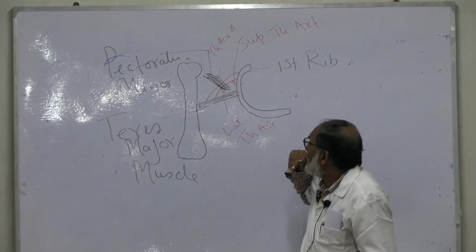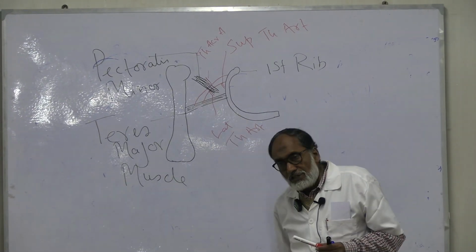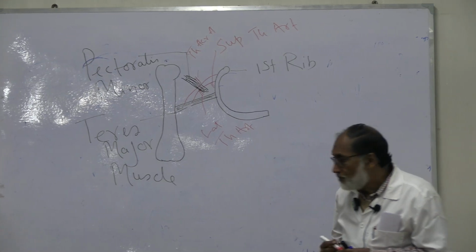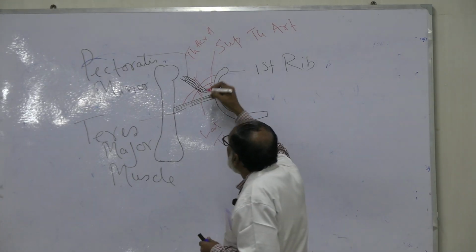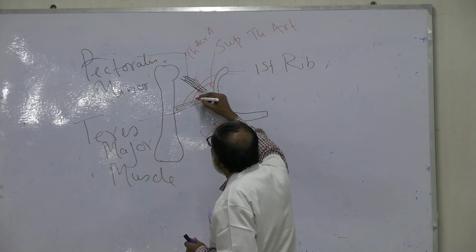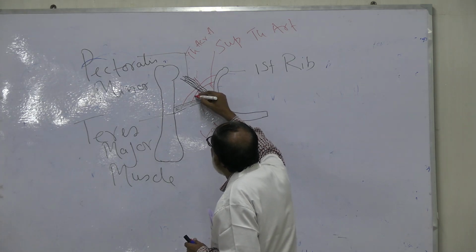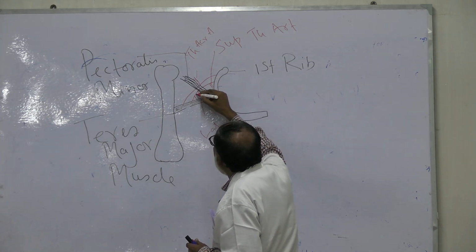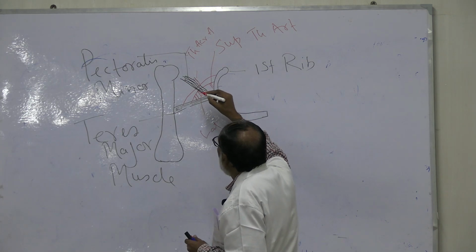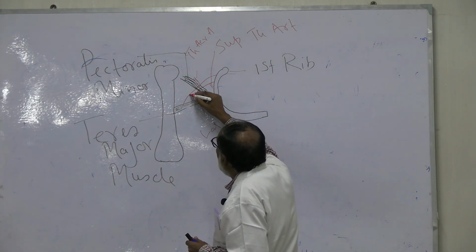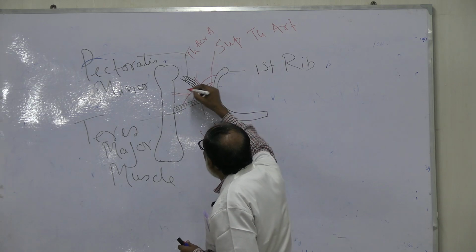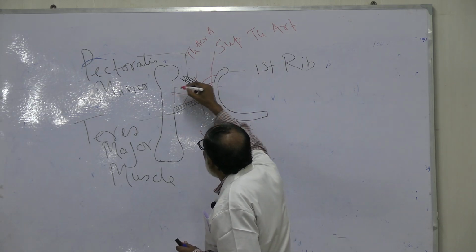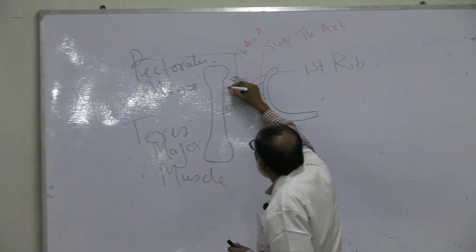Now come to the third part. The third part gives off three branches. One is the subscapular artery, one is the anterior humeral circumflex, and another is the posterior humeral circumflex.